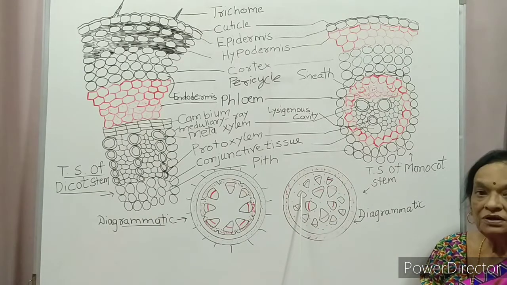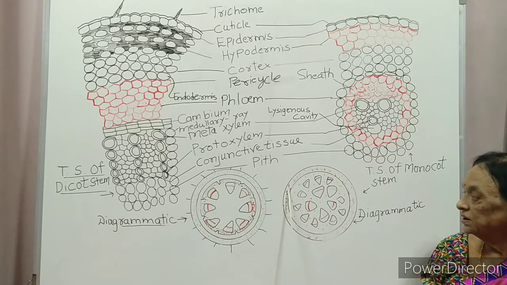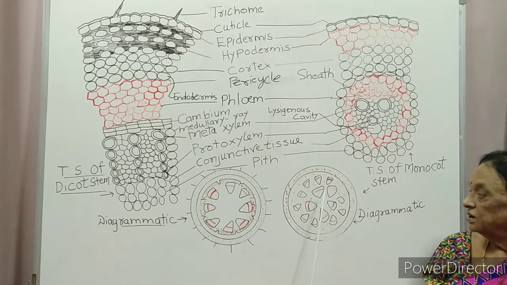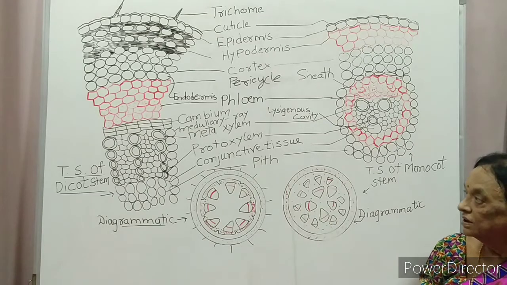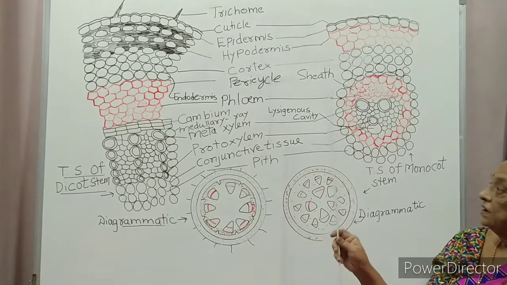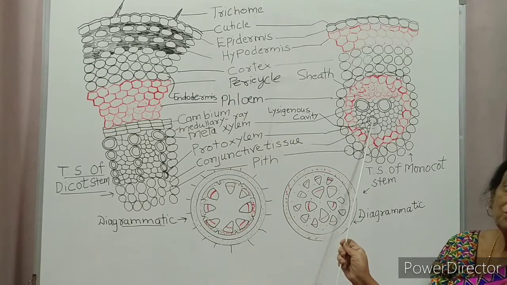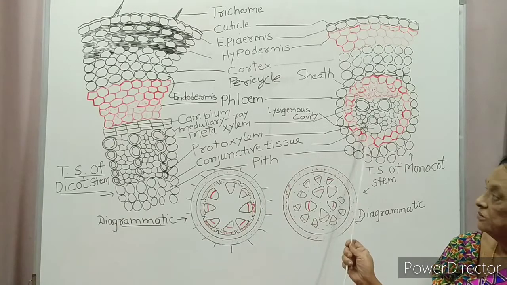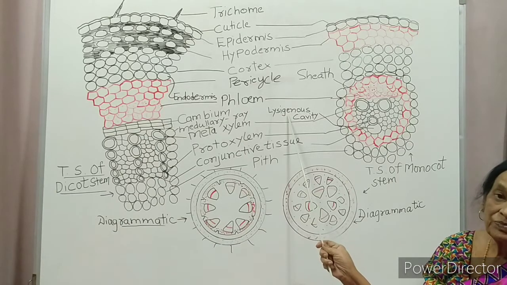Small vascular bundles are situated towards the periphery and big vascular bundles towards the center. Then another difference in the monocot stem: the lowermost protoxylem disintegrates and forms a water-filled cavity. It is called the lysigenous cavity.